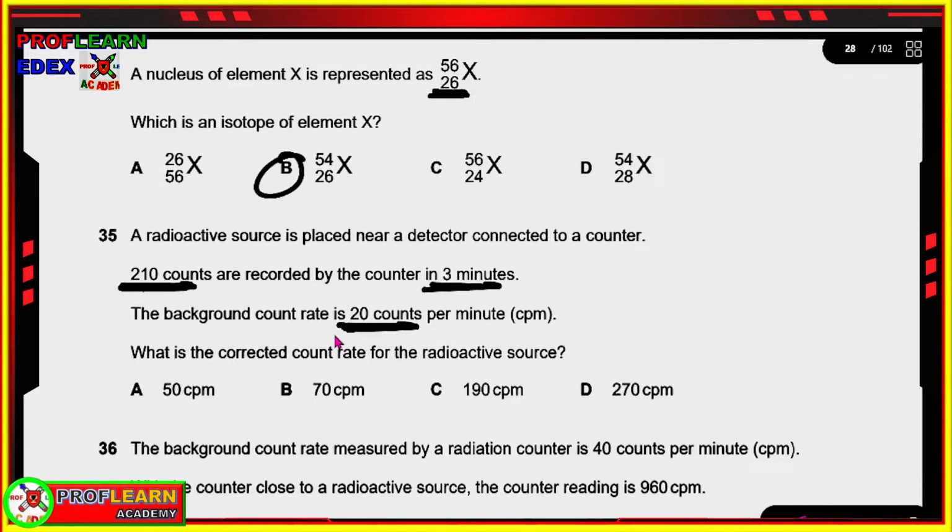What is the corrected count rate for this radioactive source?